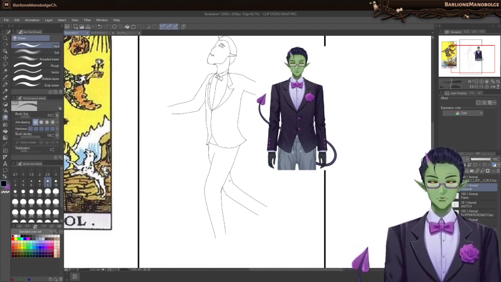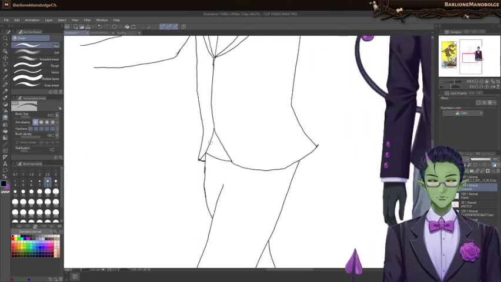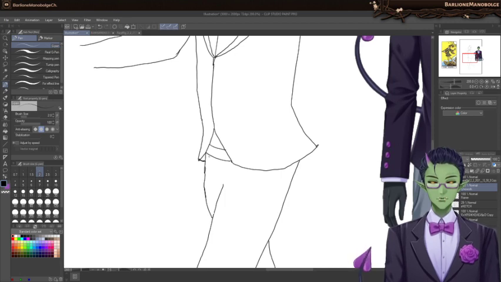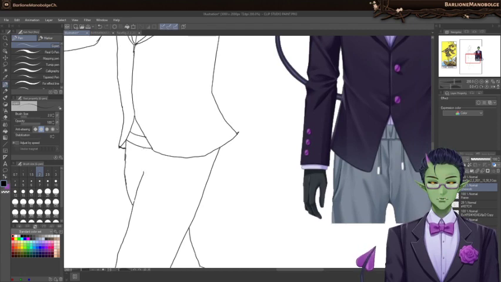I mess up. Okay. Draw that in. That is the waistband. Drawstrings.